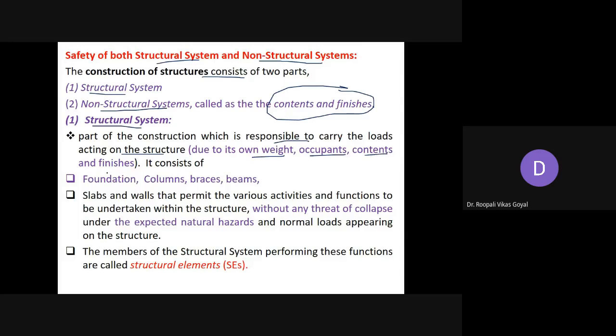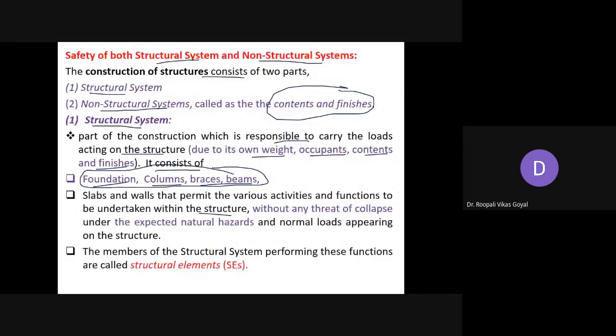So basically this structural system consists of all these load bearing structures like foundation, column, braces and beams, and the slabs and walls that permit the various activities and functions to be undertaken within the structure. So basically load लेने का काम कौन करेगा? Foundation, column, braces and beams, and the slab and wall that will just transfer their load.